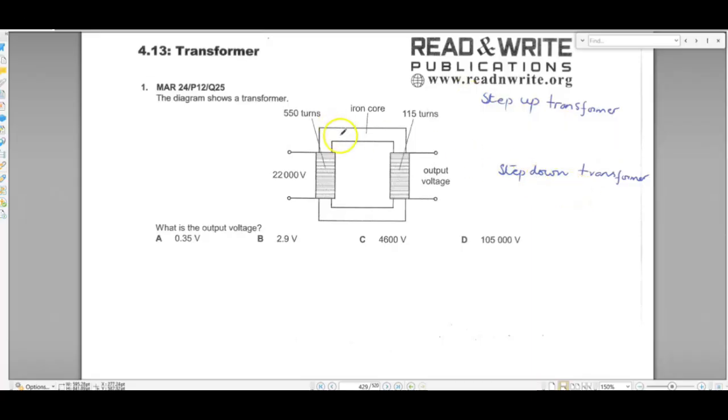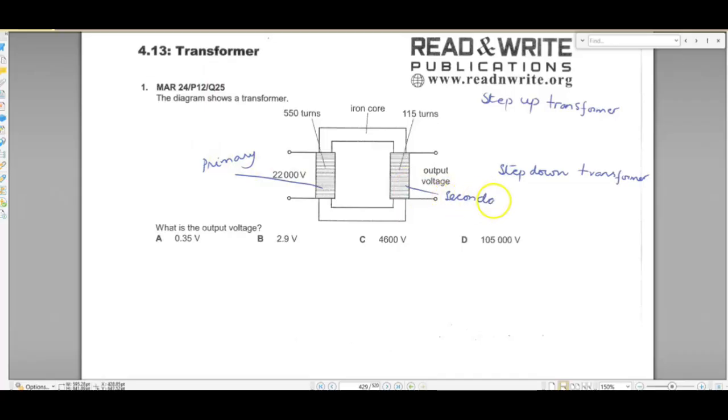In a transformer, the number of turns is a very important entity. One of the sides of the transformer is a primary side. For example, in this figure, we can take one as a primary side and the other as a secondary side.